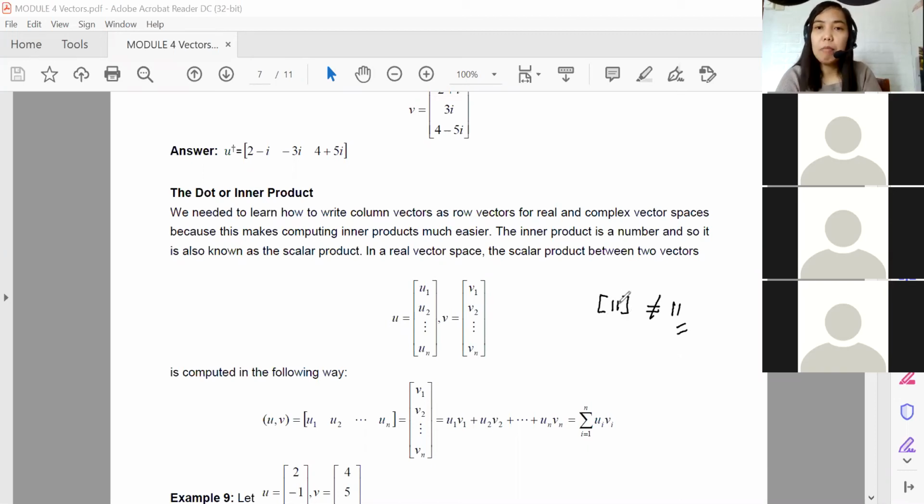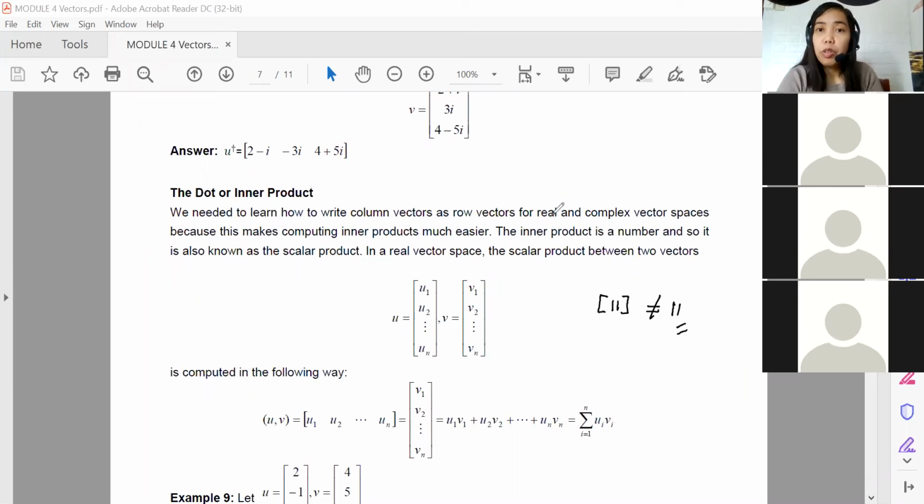That's why maraming nagkamali sa exam kasi ito yung pinili nila na dapat ito. Eh wala nito sa choices. So none of this. Okay? So yun, ang tawag doon class ay inner product. This is multiply. We needed to learn how to write column vectors as row vectors. So yun yung ginagawa natin when we get the transpose, from column nagiging row.